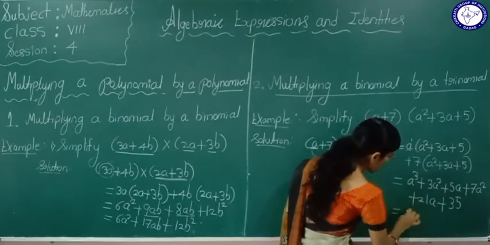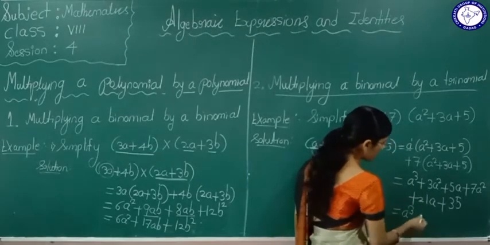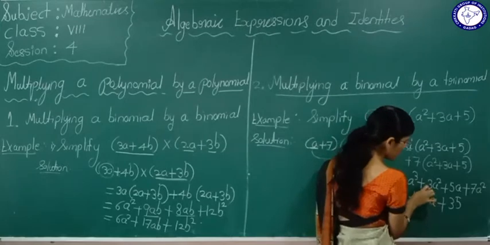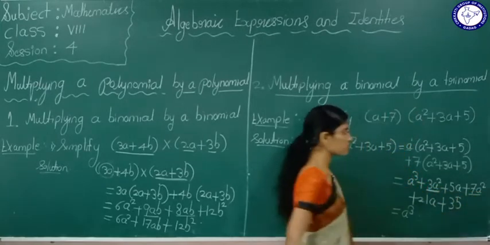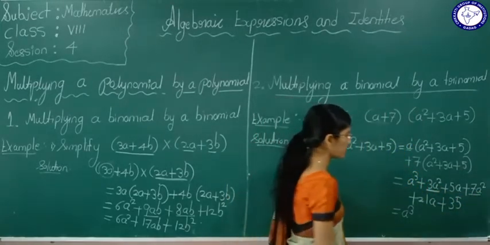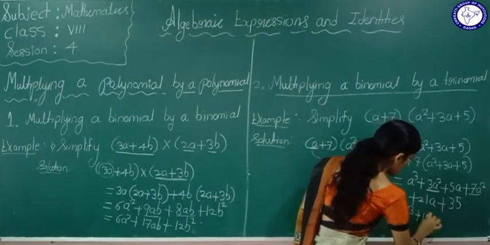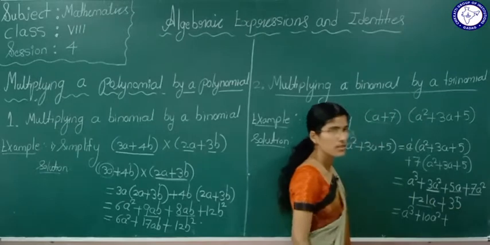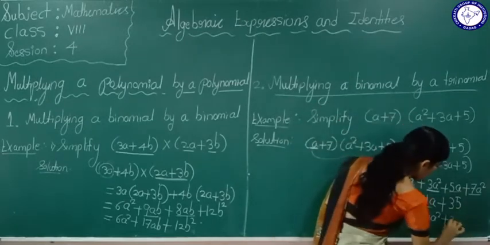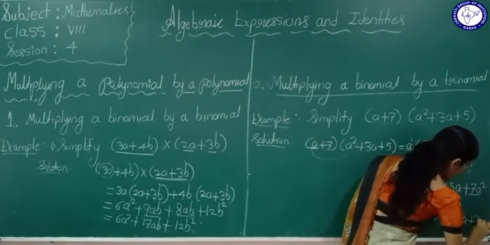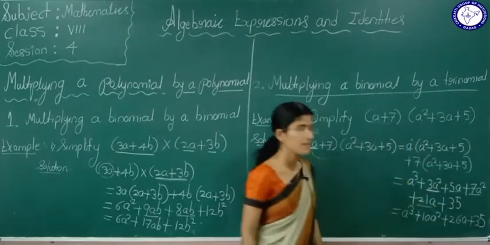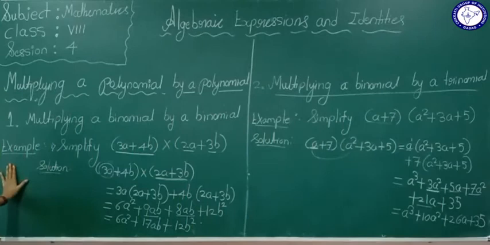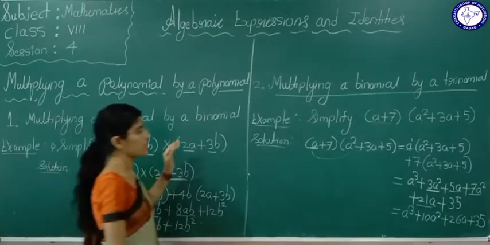So now what will it become? a cube. Now see here, like terms can be added in mathematics. Here 3a square plus 7a square is what? It will become 10a square plus 21a plus 5a, 26a plus 35.